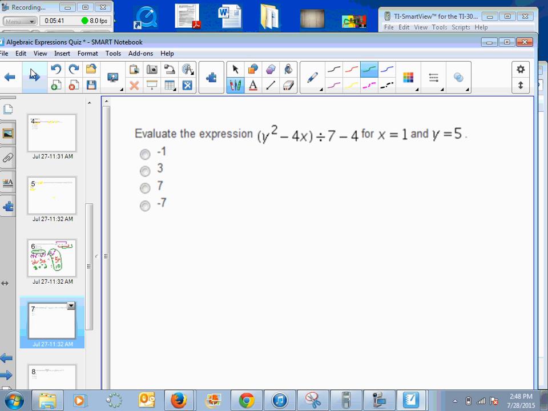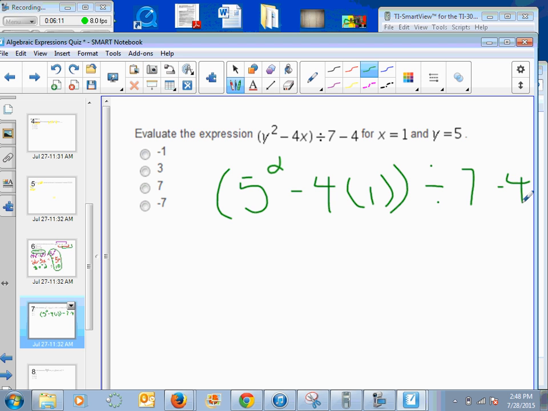Evaluate the expression: y squared minus 4x divided by 7 minus 4, for x equals 1 and y equals 5. What that means is we're just going to plug in those values. So instead of y squared, we're going to go 5 squared minus 4x. Now x is 1, so I'm going to put that in parentheses right there, divided by 7 minus 4.